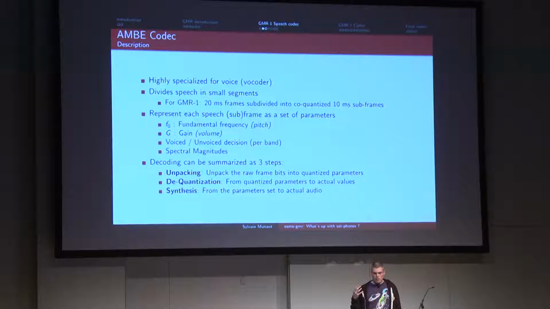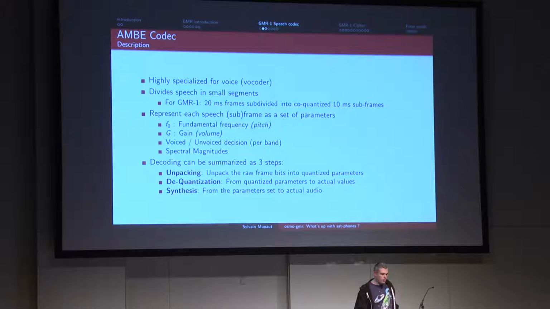Those are the pitch, which is essentially the fundamental frequency of the periodic component of your voice, if you will. The gain, which is how loud you're talking, of course. Something called the voiced and unvoiced decision, which we're going to see right after. Essentially, you have the fundamental frequency, then for each harmonic, so 2 times the frequency, 3 times, 4 times, you have a bit that says, is that component voiced or unvoiced? And then you have the amplitudes for the various harmonics.